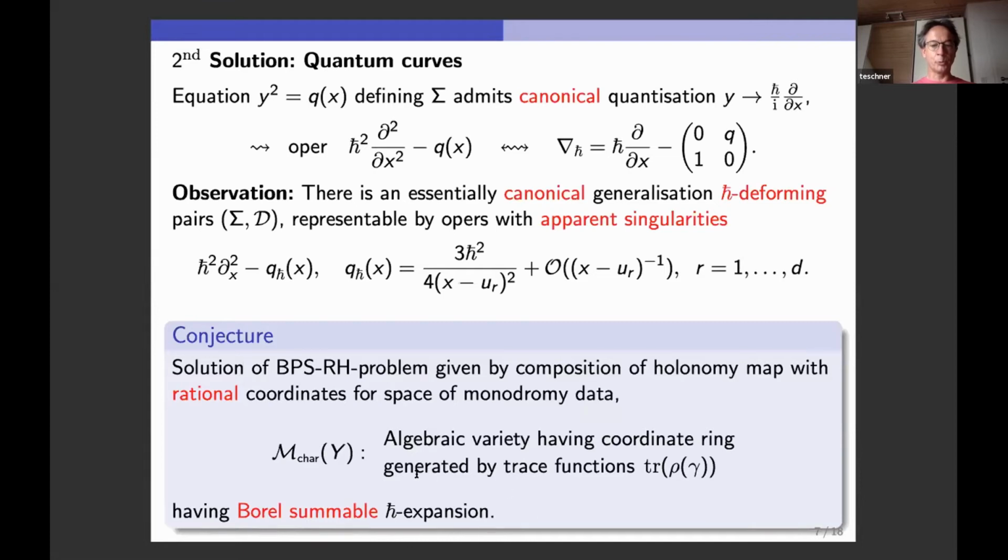First of all, we want coordinates which give us the trace functions as rational expressions of the coordinates. And secondly, we want them to have a Borel summable h-bar expansion. The main claim is that this basically uniquely determines coordinates. So this determines very distinguished coordinates, and these very distinguished coordinates are the very distinguished solutions to the BPS Riemann-Hilbert problem we're after.